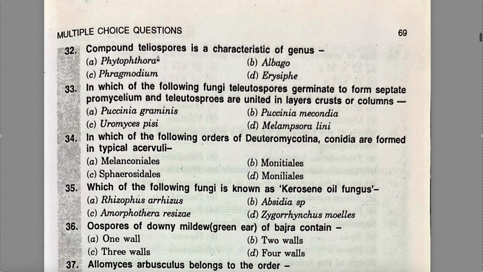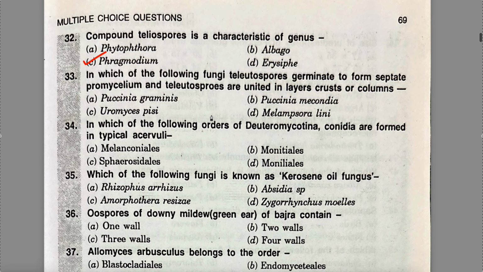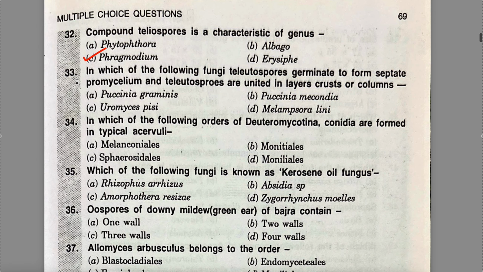32. Compound teleospore is a characteristic of the fungus Phytophthora, Albugo, Phragmidium or Erysiphe? Answer is option C, Phragmidium. 33.